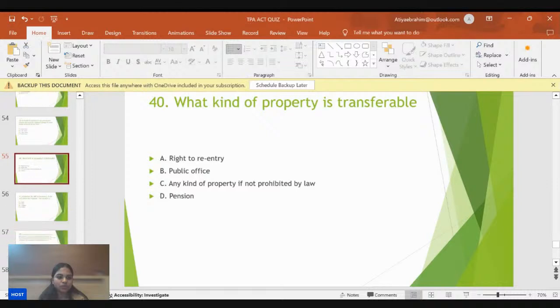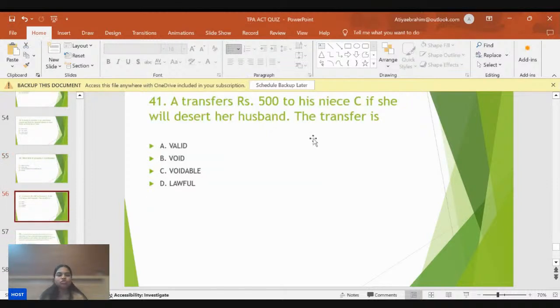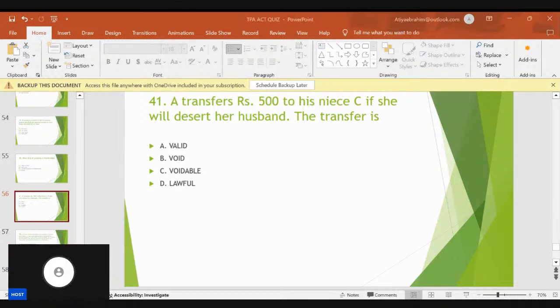ओके, कमिंग टू द नेक्स्ट क्वेश्चन. A transfers ₹500 to his niece C if she will desert her husband. राइट. सो अब बताओ, ये जो है ट्रांसफर, ये वैलिड है, वॉइड है, वॉइडेबल है या लॉफुल है? Tell me.